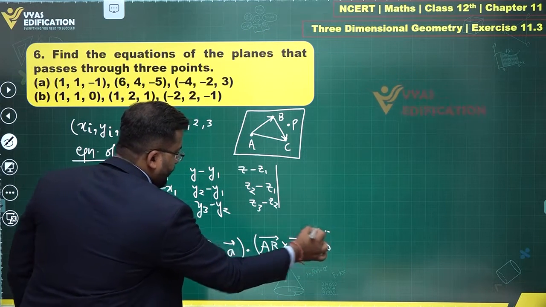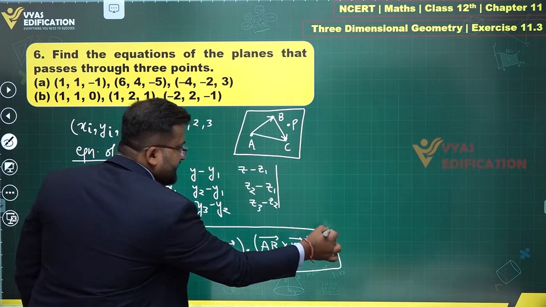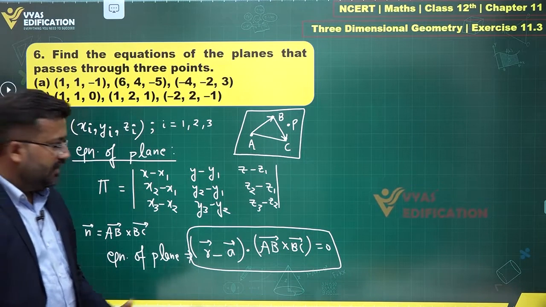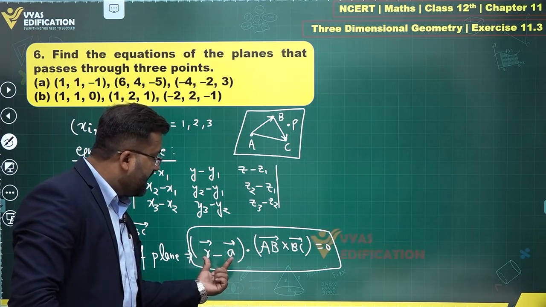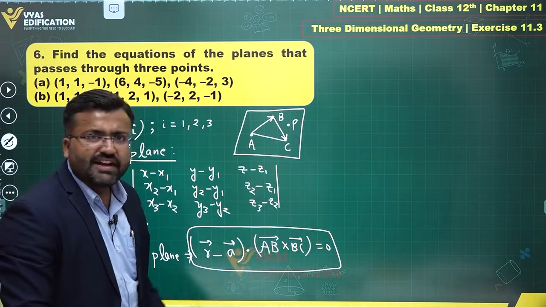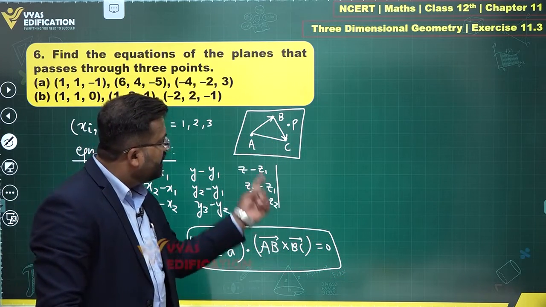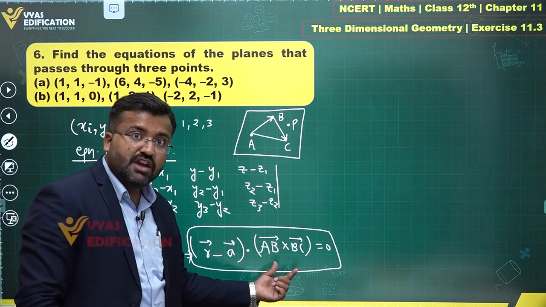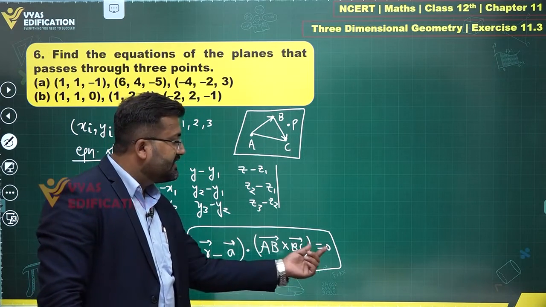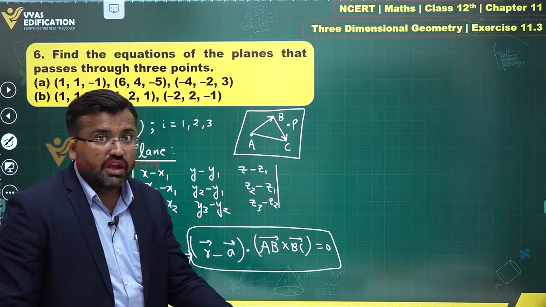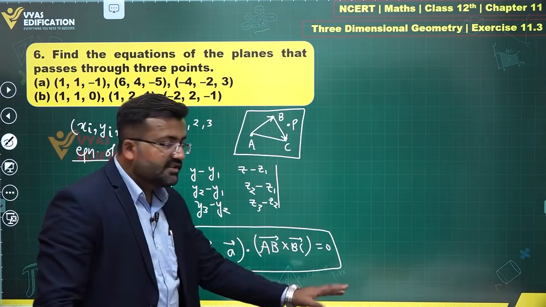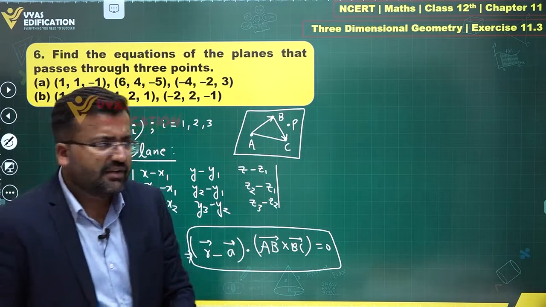This equals 0. If you observe, this is nothing but the scalar triple product of one vector which is R minus A. That is nothing but AP vector, right? And AB cross BC along with this, you're taking a scalar triple product and that scalar triple product equals 0, right? That means that these three vectors are coplanar. That's the only simple idea that we're using.